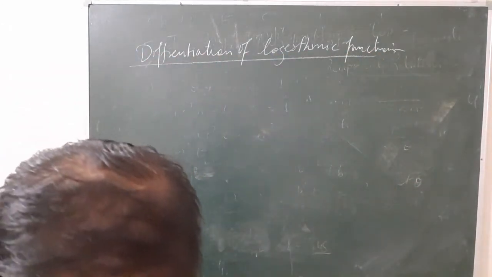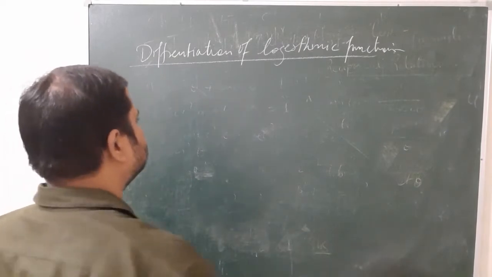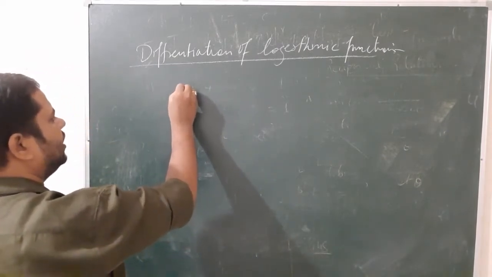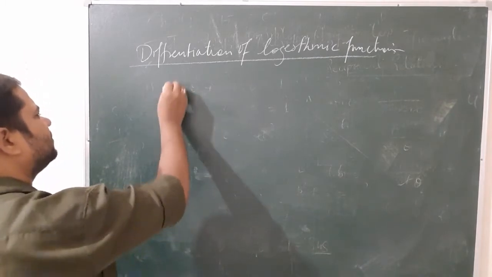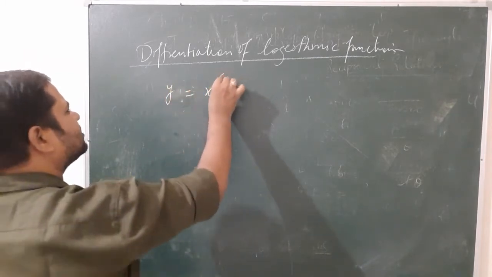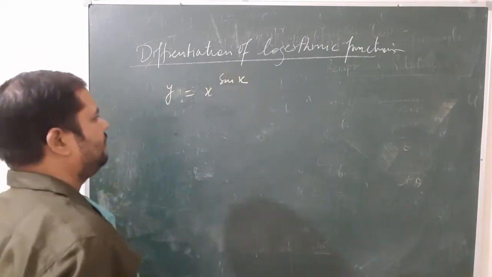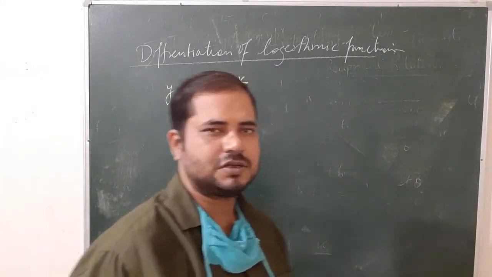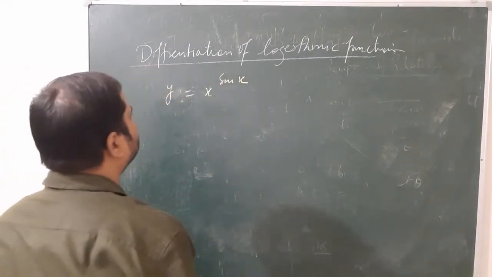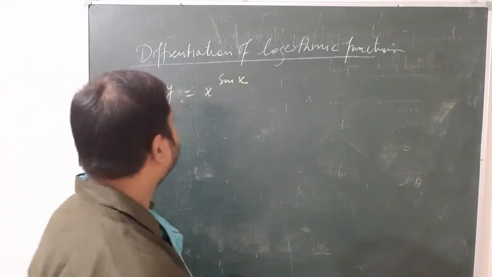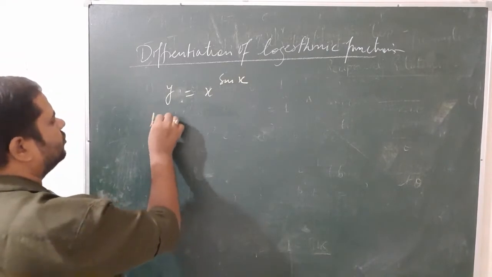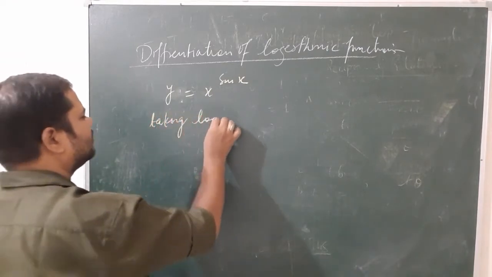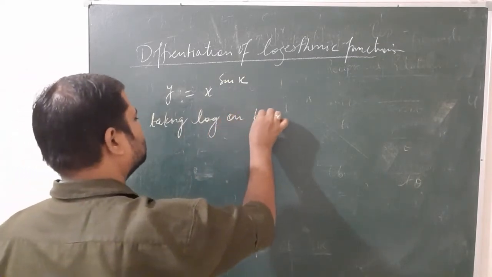We consider an example from this. We are just going to understand. Let y is equal to x to the power sin x, and we need to find dy by dx for the function. So, first we take log on both sides.